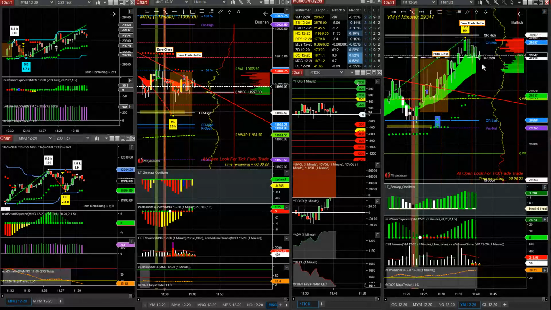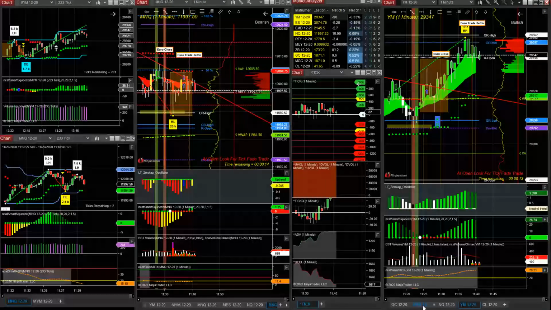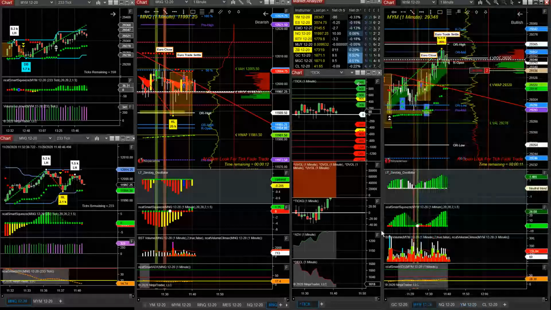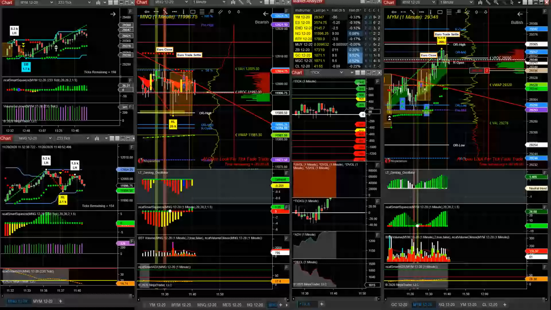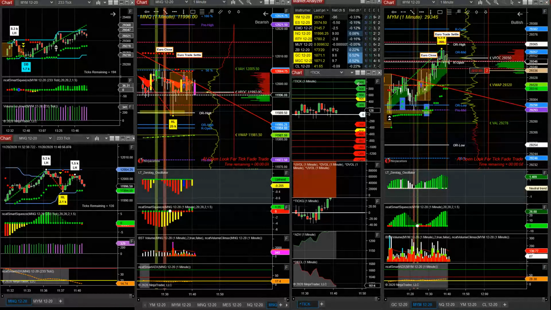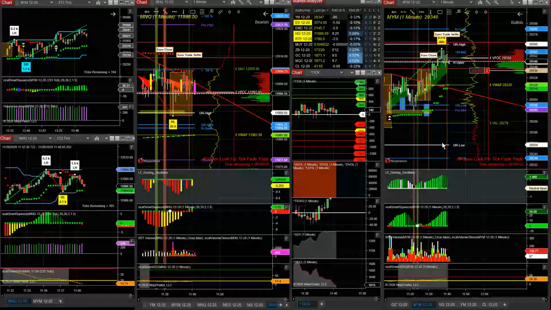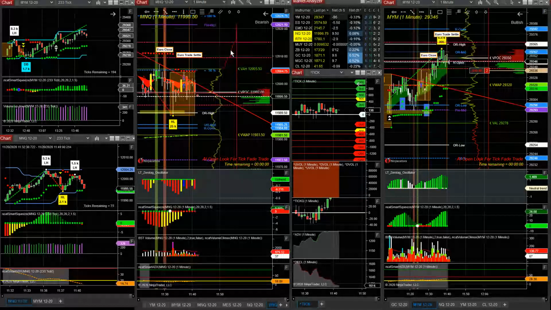What we wanted to see is some red candle forming there, like in NQ. See that? That's what we want to see there. Order submitted. We get a fill in NQ.